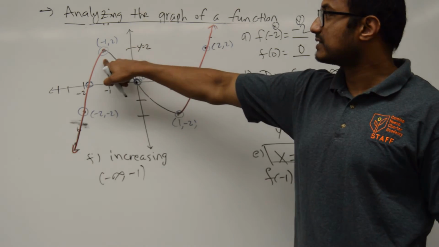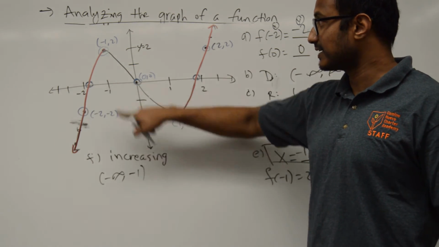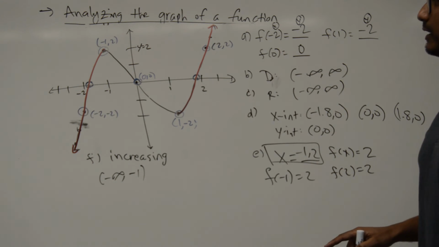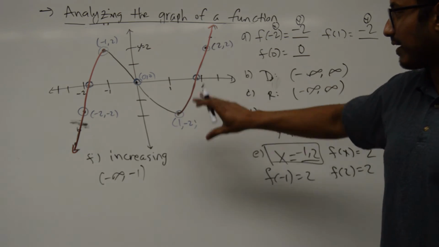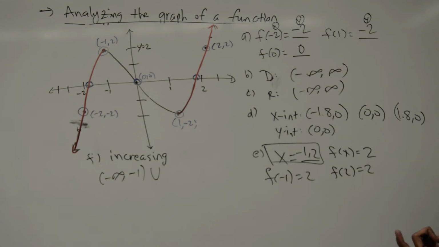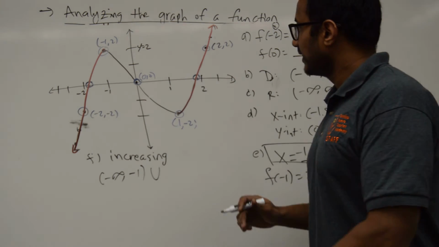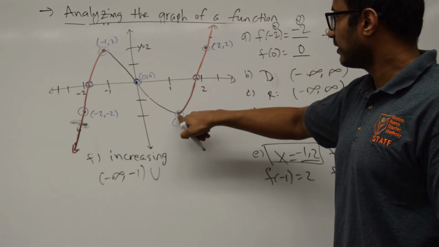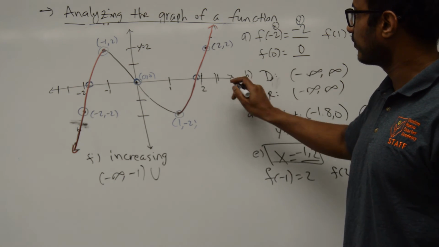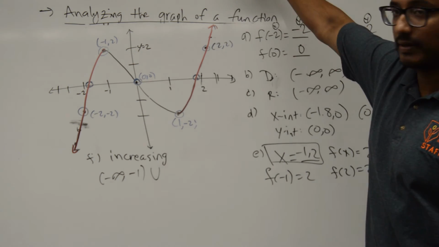Even though negative 1 is on the graph, we use a parenthesis because at negative 1, 2, it's neither increasing nor decreasing. Because I have another portion of the graph that is also increasing, I'm going to put a union, because there are two different solution sets. It starts increasing again from x equals 1, and then as x's get bigger, so it's 2, 3, 4, etc., the y values get bigger as well.